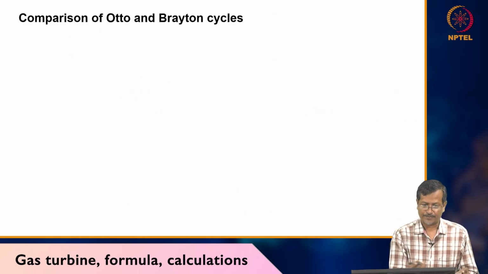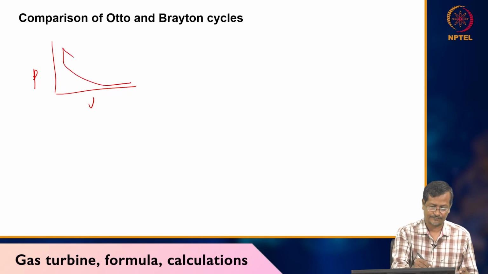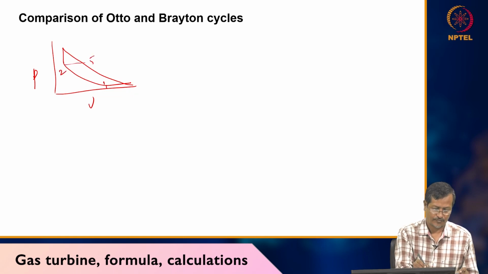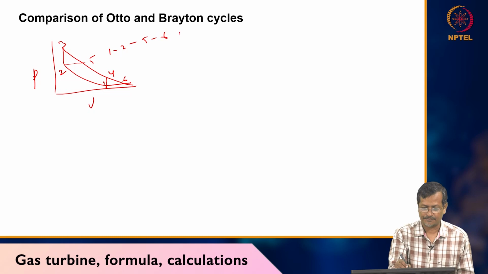Now the comparison between Otto and Brayton cycle. Again you have to draw the PV diagram. Already we have given a general diagram, so based on that only. 1 2 5 6 is Brayton, 1 3 2 3 4 is Otto cycle.